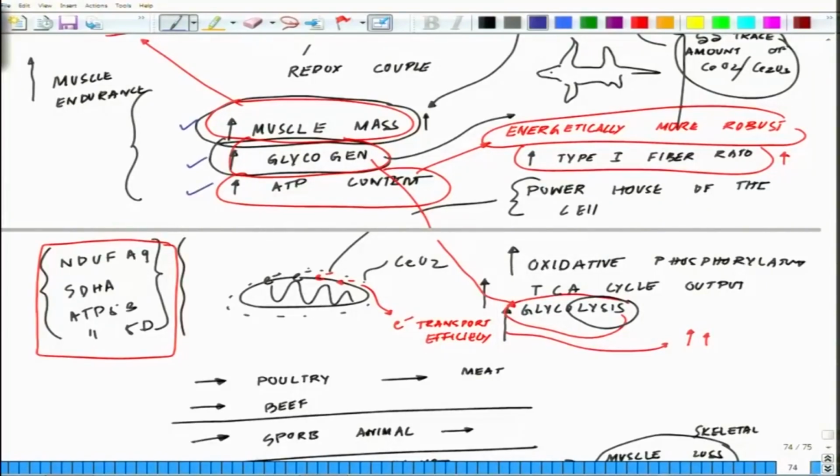In other words, these muscles are energetically more robust, and there is an increase in the type 1 fiber ratio, as well as an increase in the membrane proteins involved in the electron transport chain across the mitochondria.